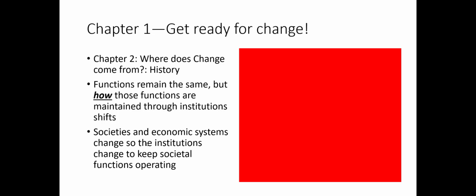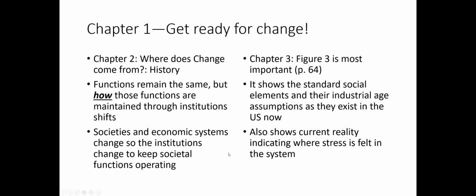Societies and economics change, and so institutions of society, such as schools and factories and offices, things like that, religion, they change as well. So that's kind of the basic message of chapter 2. So I know I went over that real fast, but obviously there's more to it than that.